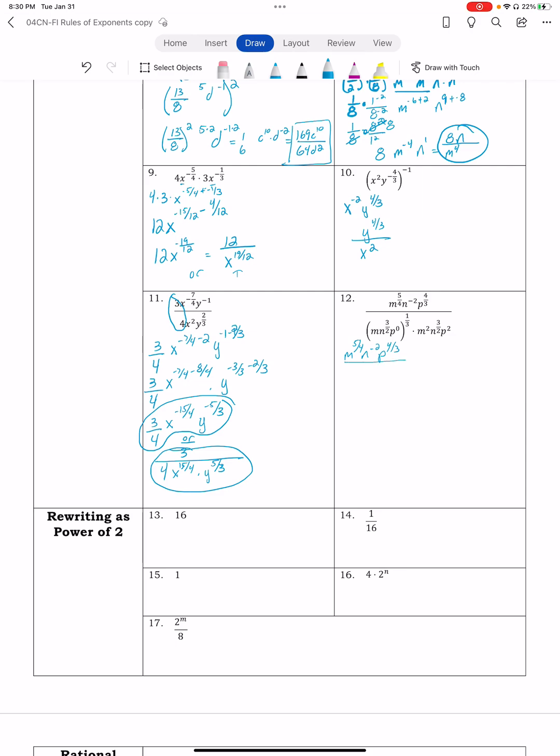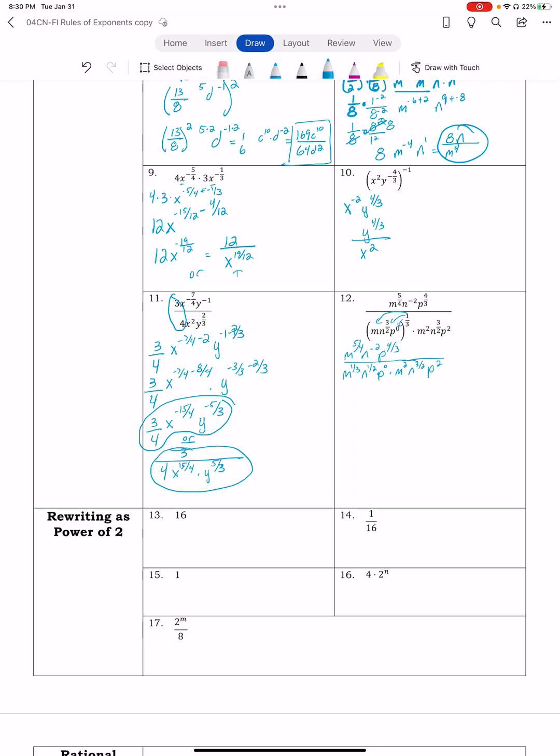I'm going to distribute my exponents, so it's going to be m to the 1/3, n to the 1/2, because 3/2 times 1/3 is 1/2, and then p to the 0, so we don't have to worry about that, so we distribute it to all three. So p to the 0, so this is still going to stay p to the 0, and then we have our m squared, n to the 3/2, p squared.